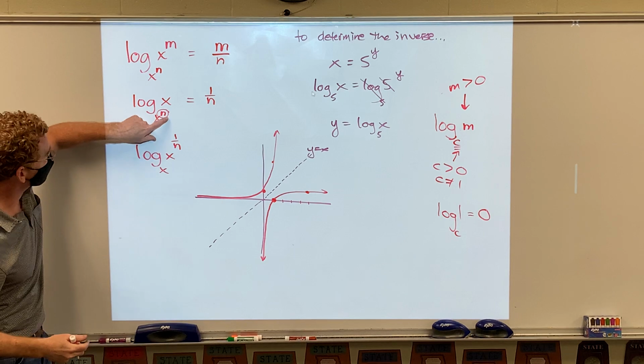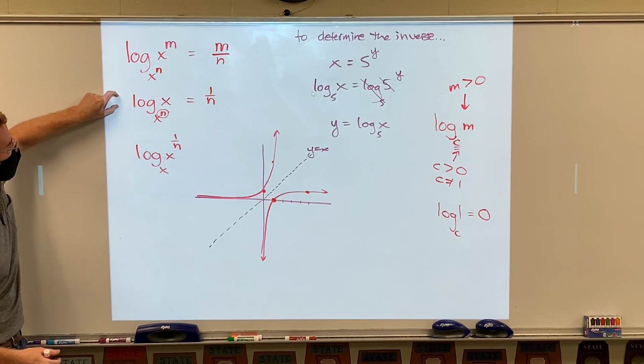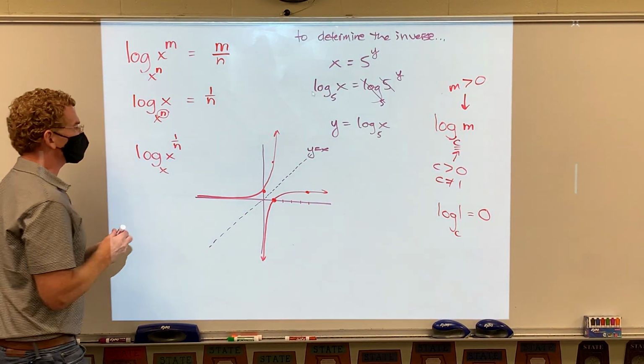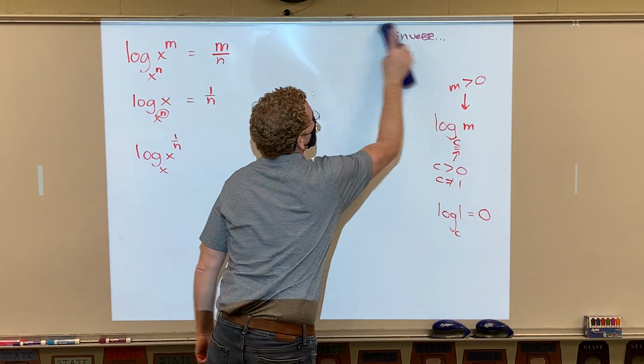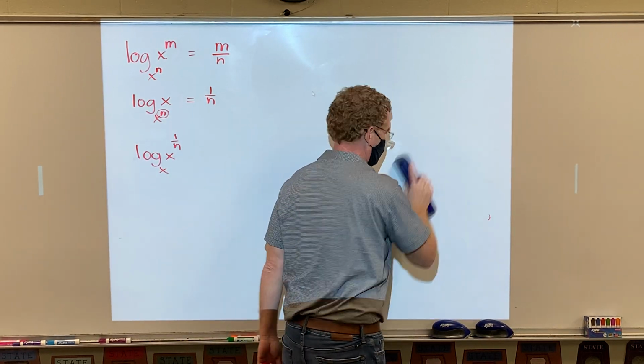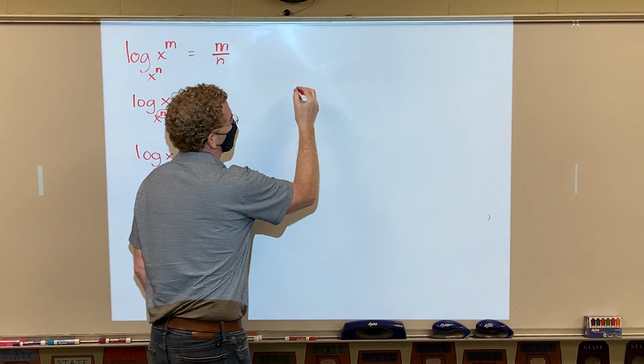Or if you want, take that n on the bottom and make it a 1 over n out in the front. Are y'all seeing that? This is going to be a really big thing, and they don't teach that in most pre-cal books, but it's a math team topic all day long, because they'll ask you to do stuff like this.